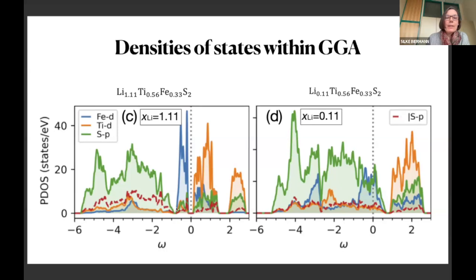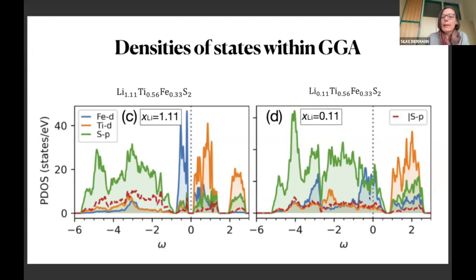And that is actually just the splitting between the filled T2G manifold, which has now 6 electrons, and the empty EG states here. In the delithiated compound, you have a D5 nominal configuration on the irons, and that means necessarily you go back to a metallic state. You have a T2G5 low spin and thus not completely filled T2G shell.